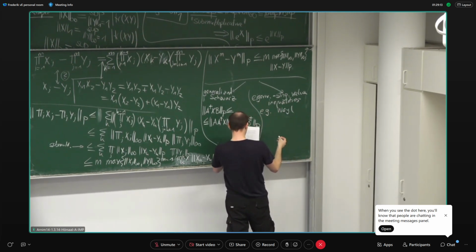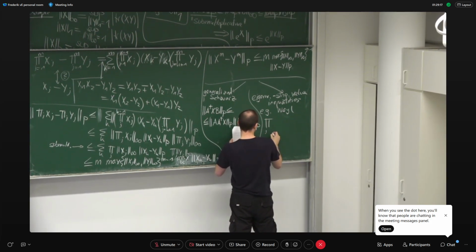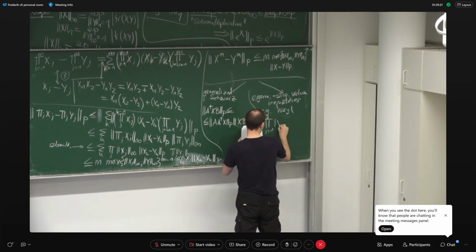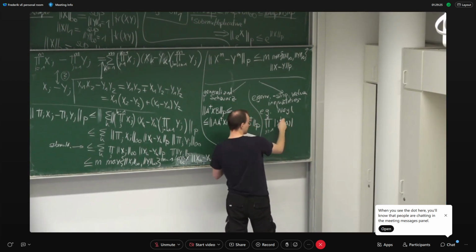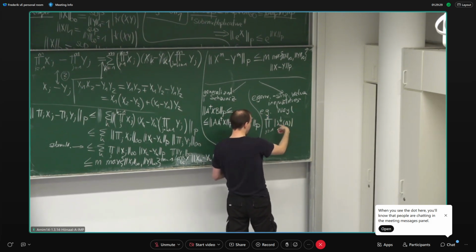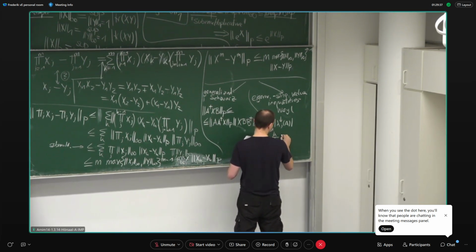There's, for example, Weyl's inequality, which states that the product of the k largest eigenvalues, so I write this down with an arrow to indicate a decreasing ordering, can never exceed the product of the largest k singular values.